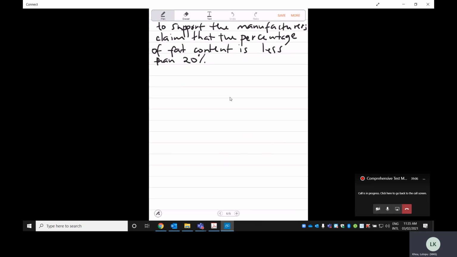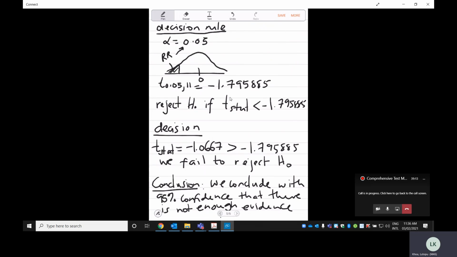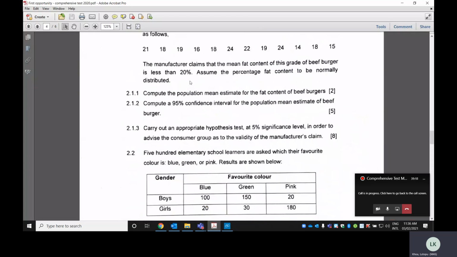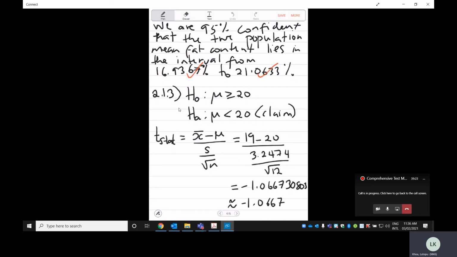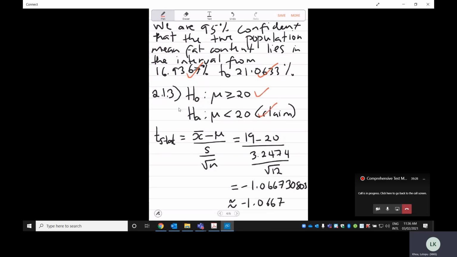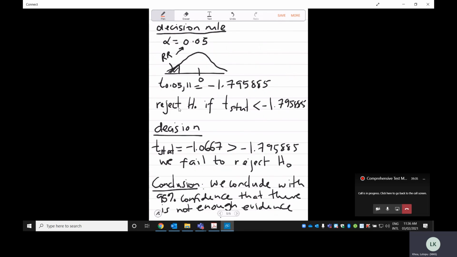And then look at how the marks are awarded. So this question, 2.1.3, carried 8 marks. So let's see how the 8 marks are distributed. We have a mark for the 2 hypotheses, then the t-stat, the formula, the actual value. Then there is a mark for the t that you get from the table.